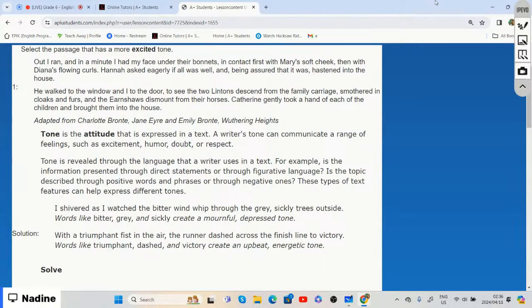For example, is information presented through direct statements or through figurative language? Is the topic described through positive words and phrases or through negative ones? These types of text features can help express the different tones.